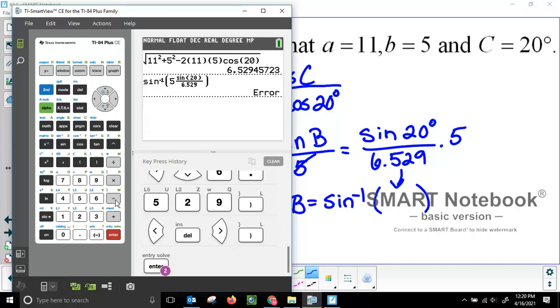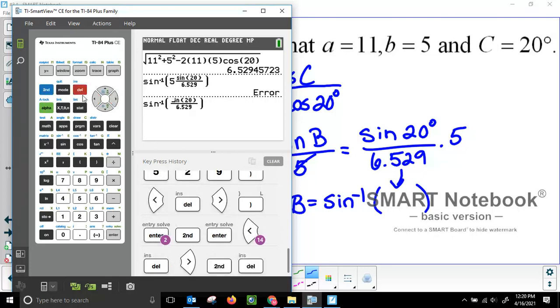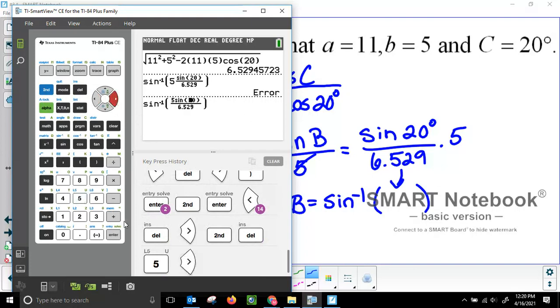I must have made a mistake. Maybe it didn't like the 5 there. Hey, there we go. I did not like the 5 out front. So I guess order of operations wise, that shouldn't matter, but apparently the calculator does not like it.